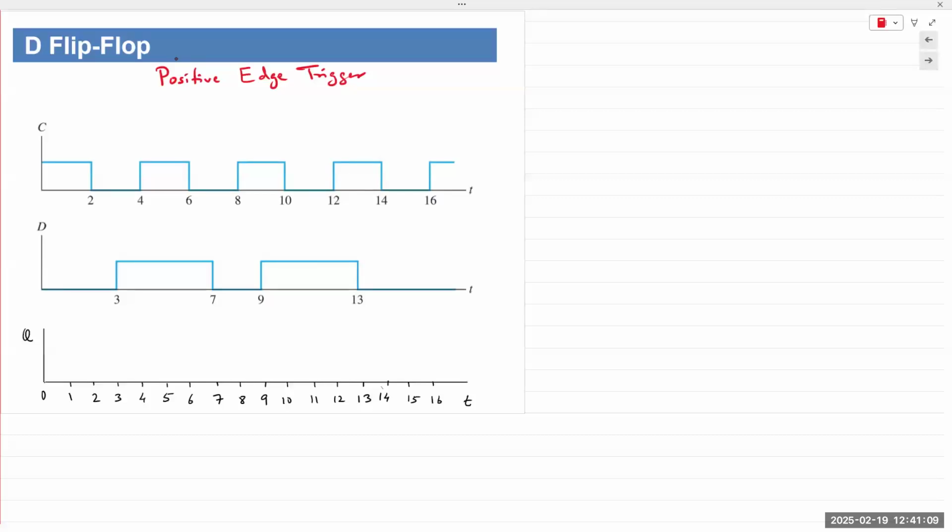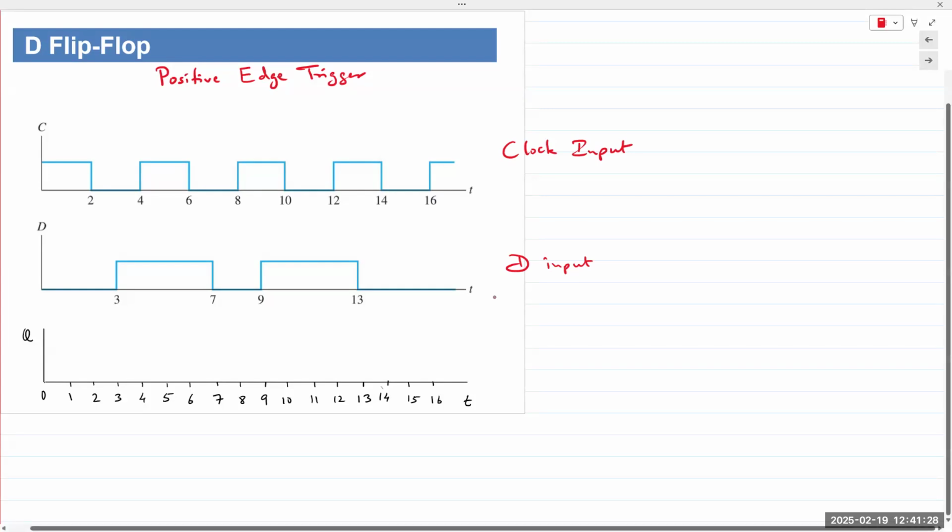So then what is the output? So this is the clock input. This is the D or the delay input. And this is the Q output.